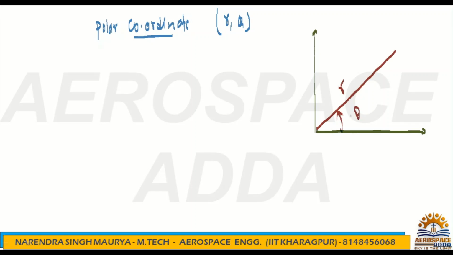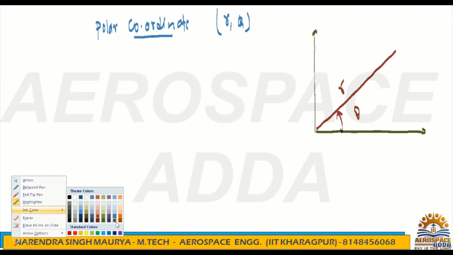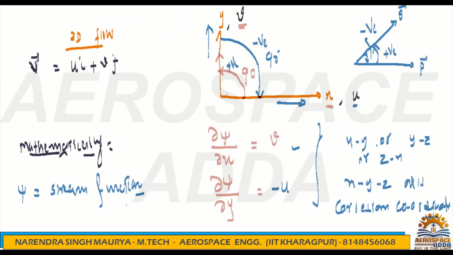Obviously you will get two velocity components, just like in the Cartesian coordinate you have velocity along the x-axis and along the y-axis. Along y it was v, and along x it was u.